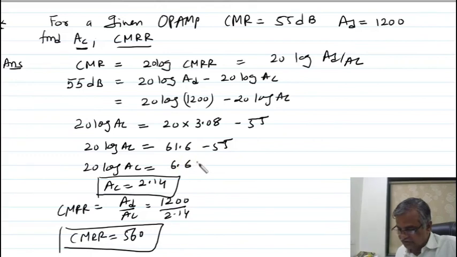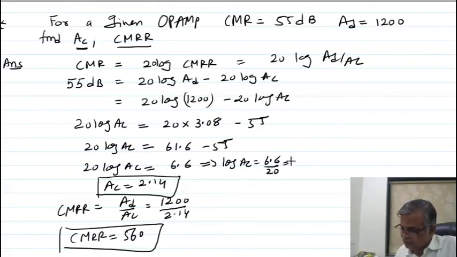So you can find the anti-log of this. For more details, I can write log AC is 6.6 by 20, so it is 0.33. So you can find the anti-log. By this way you calculate AC, and CMRR is AD by AC. So you can do this.